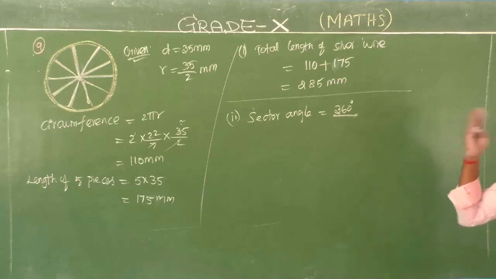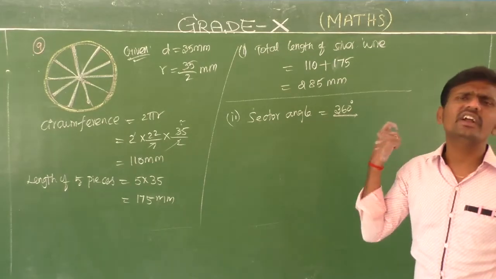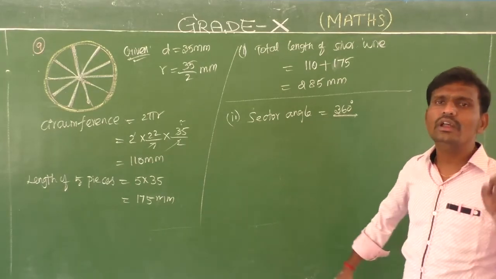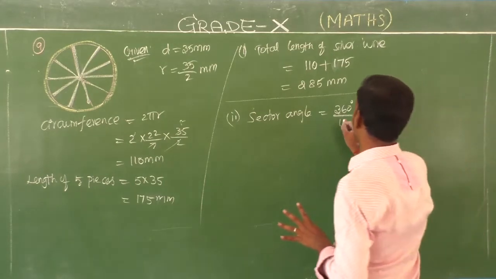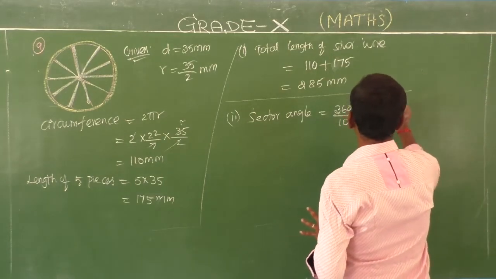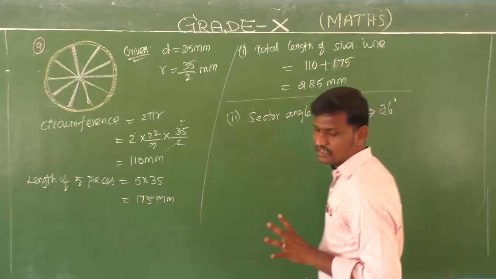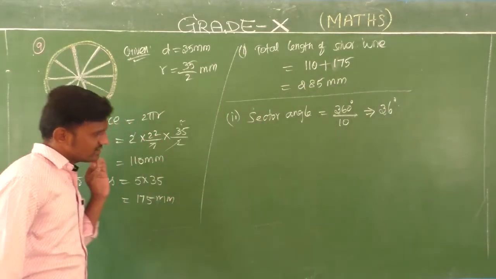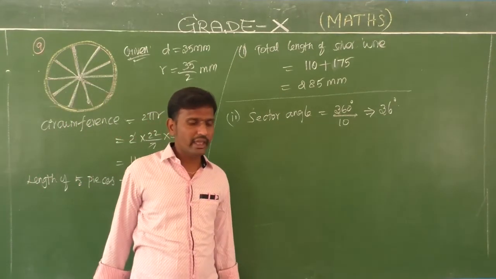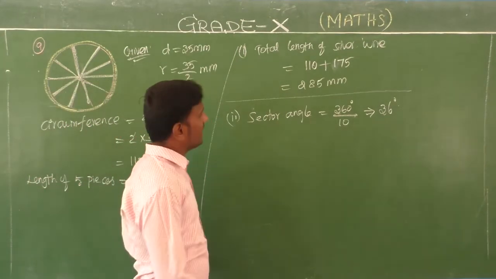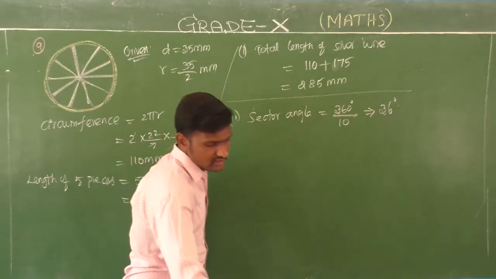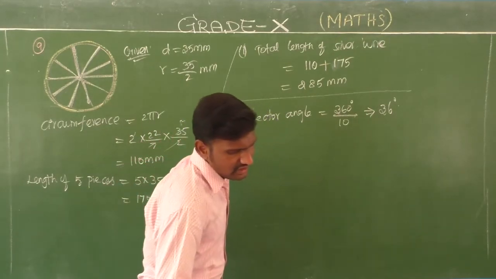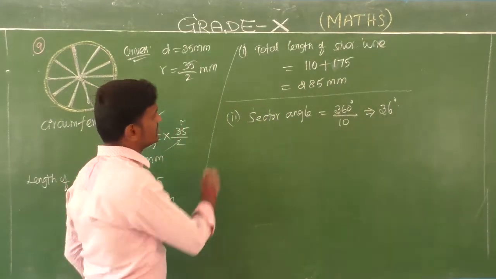Because you have 5 diameters which equally divide the circle into 10 sectors. So I am going to divide by 10 to get 36 degree. So 36 degree is your sector angle. And next, what they are asking: find the area of each sector.